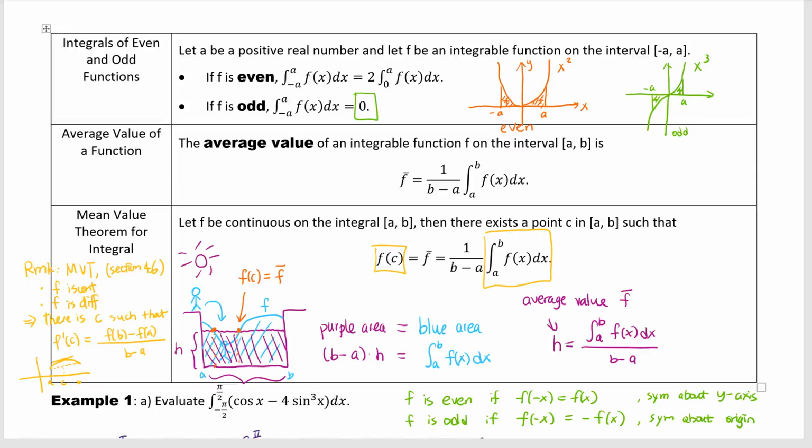So how do we come up with the mean value theorem for integrals?